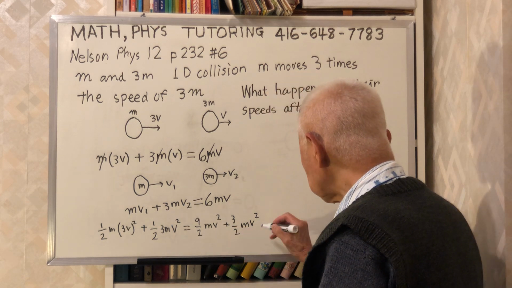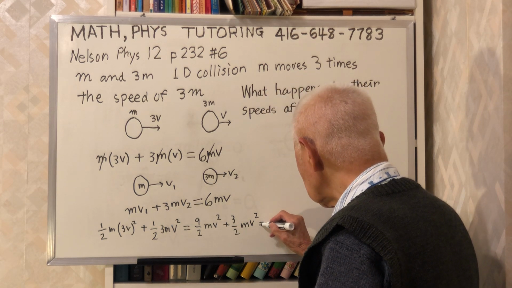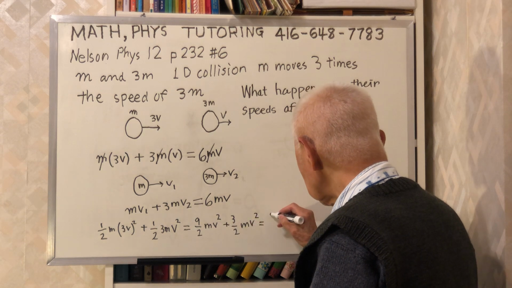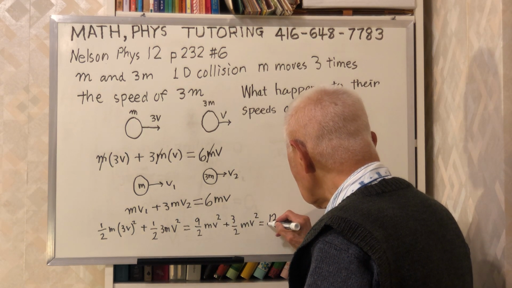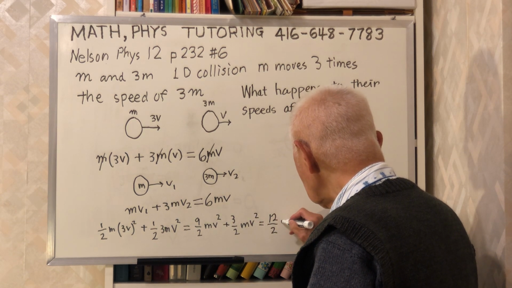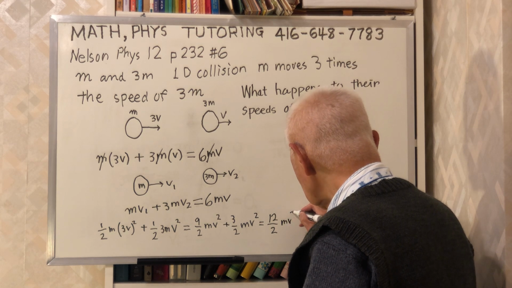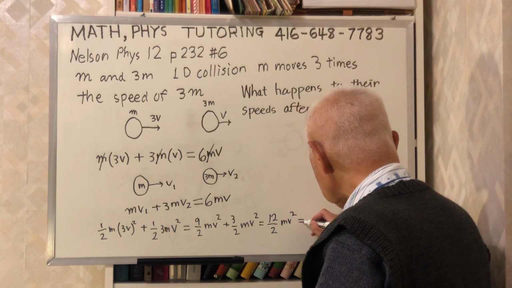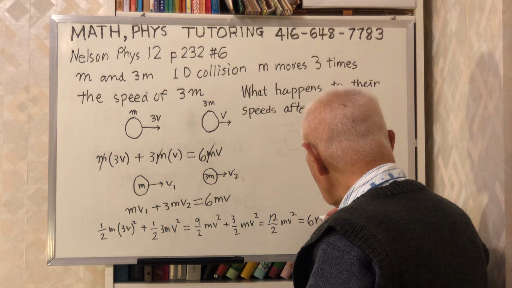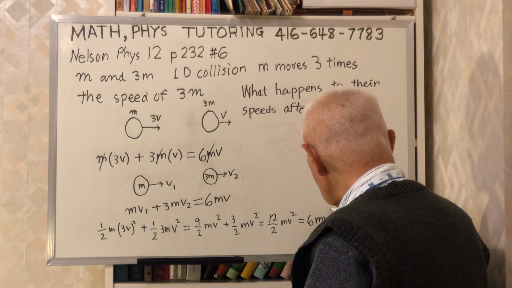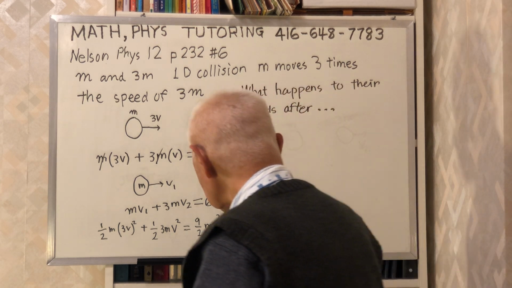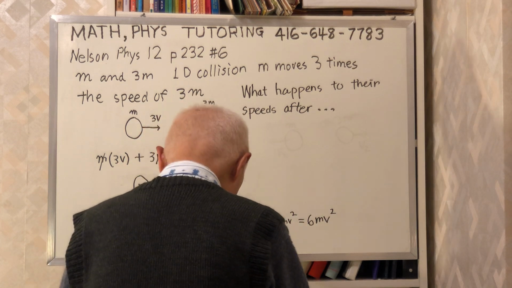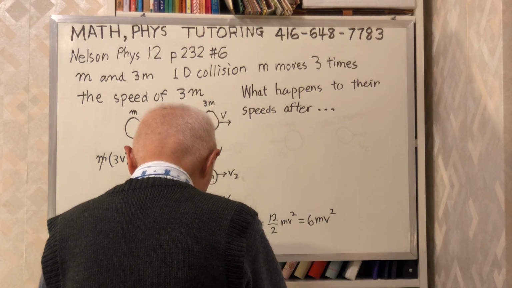We can add these together. It's 12/2 mv squared, which is equal to 6mv squared. All right? This is equal to 6mv squared.